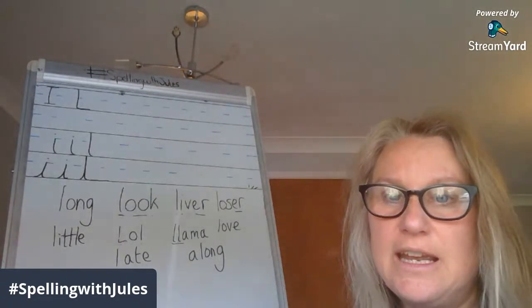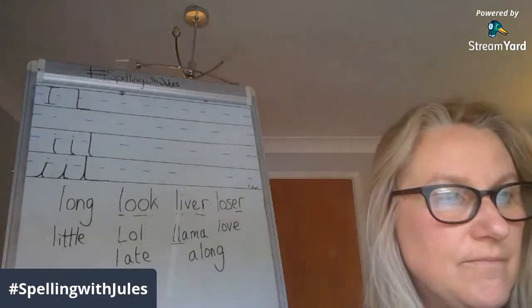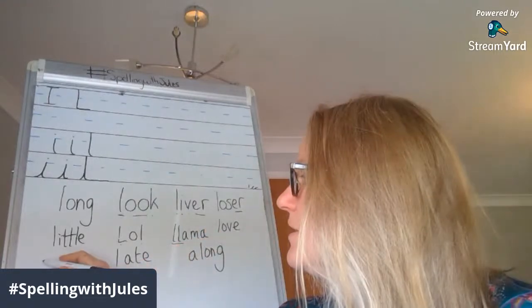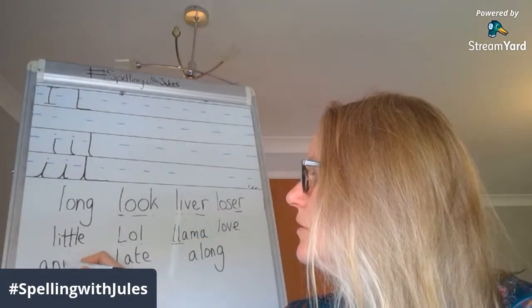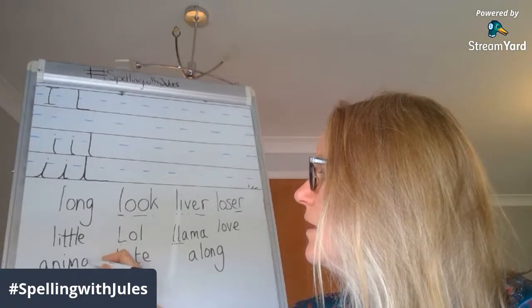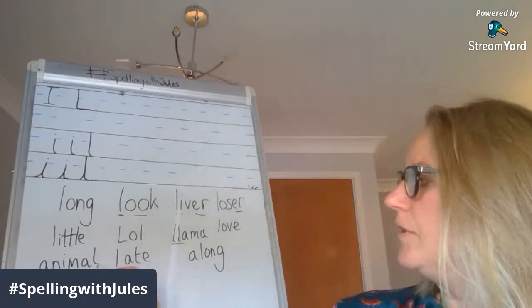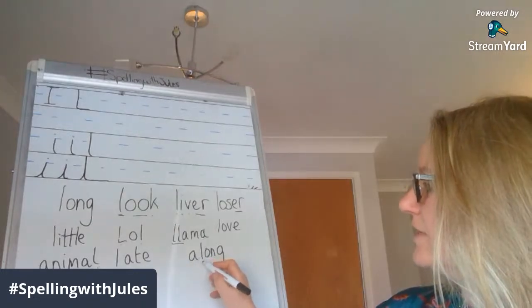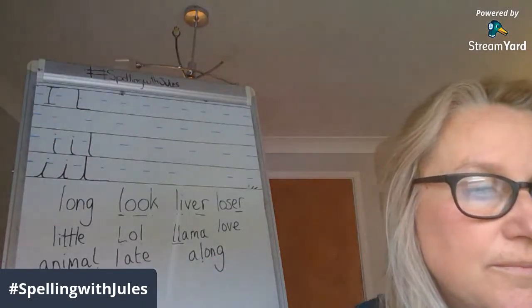Can you think of any now with L in them? So here's one. What's a llama? A llama is an animal. So we've got along and then animal. Okay, and the all is at the end there. And along there is the second letter, long.